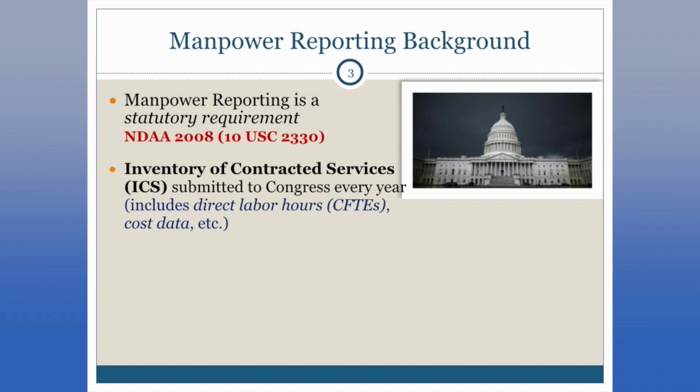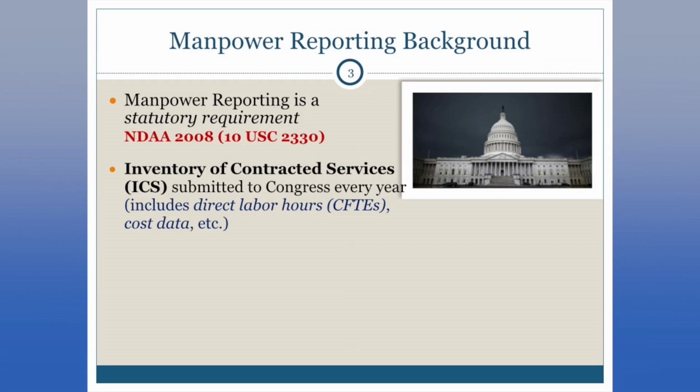Even further back, Congress was getting concerned about the level of contracted services the Department of Defense was engaged in, and there wasn't really a system in which to measure how many hours we were contracting out. So when Congress asked the DoD, hey, you're contracting a lot of services, can you give us an inventory? they found out that the Department of Defense did not have one. This is when they came out with the NDAA 2008, which said, give us an inventory every year.